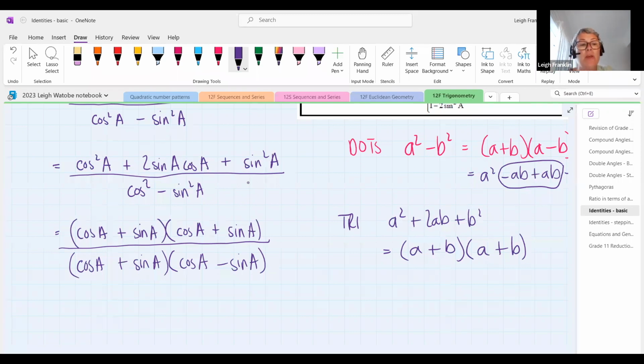Okay, and then remember, we can only cancel something at the top with something at the bottom if they are identical. So I can't cancel cos A minus sine A with anything, but I can cancel that guy and that guy over there. And hopefully now I've got what I had on the right-hand side. So cos A plus sine A over cos A minus sine A, like so.